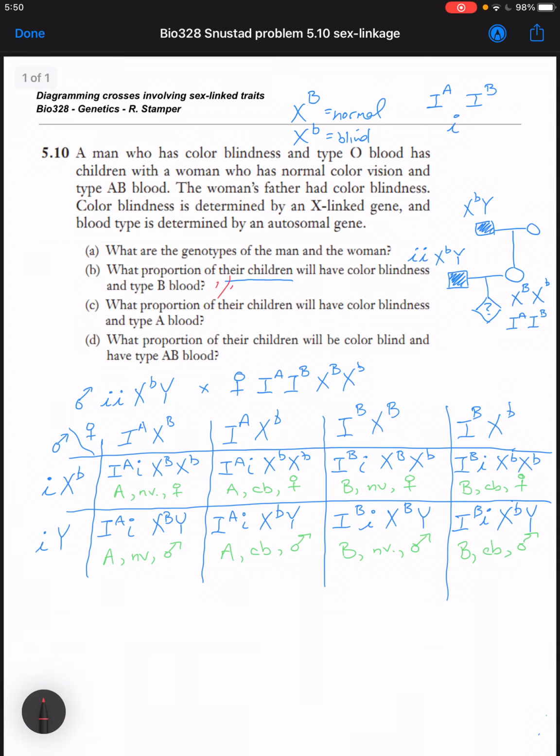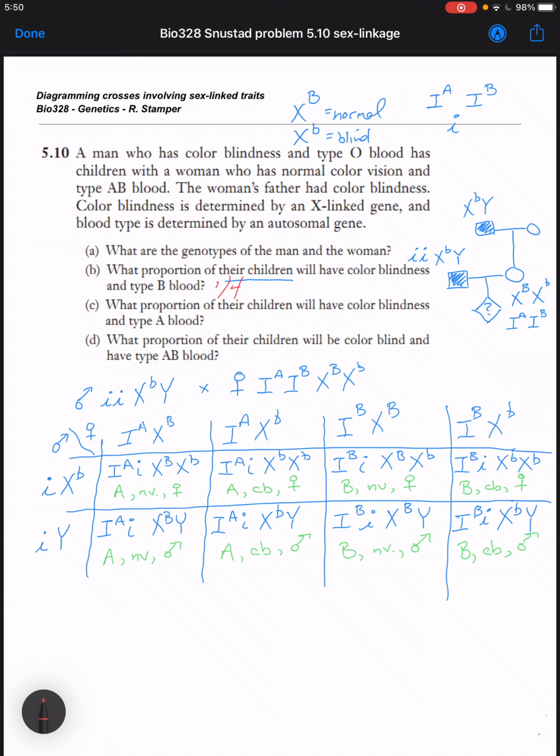So I'd say 1/4 for that question. Now, if it asks what proportion were colorblind type B boys, that'd be 1 out of 8. Colorblind type B girls, 1 out of 8. But colorblind type B children, I'm going to combine those together. So I get 2 out of 8, 1 out of 4.